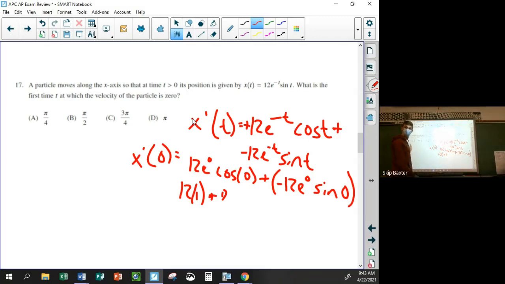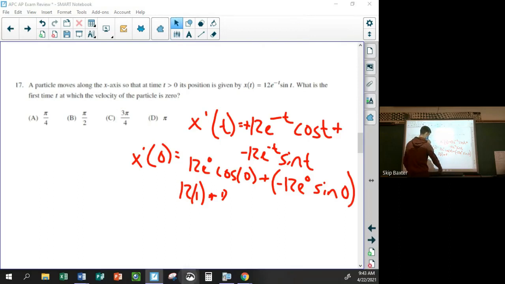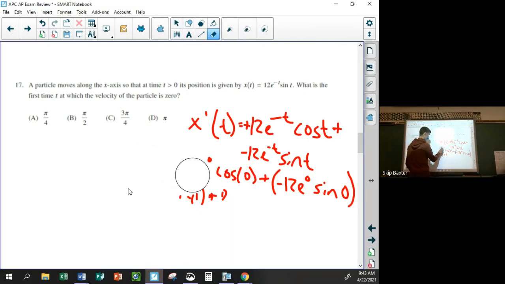John, you had to set it equal to zero. Right, they want to know when is the velocity zero, not what's the velocity at t equals zero. See the difference? Yeah. Okay.